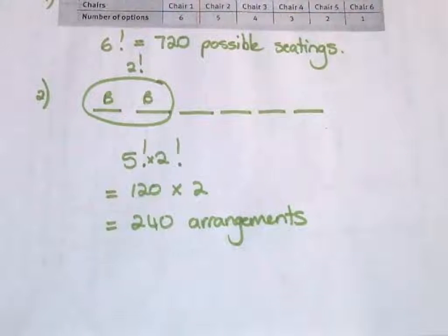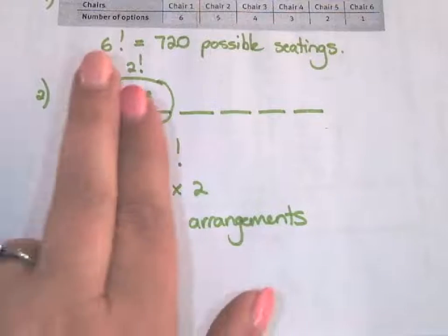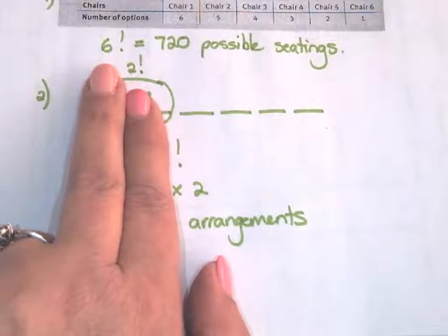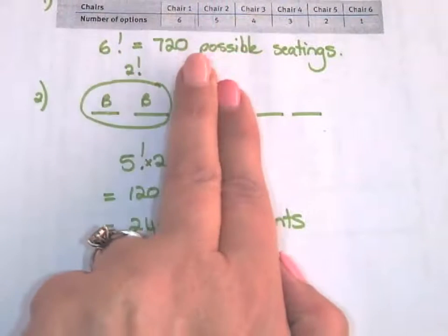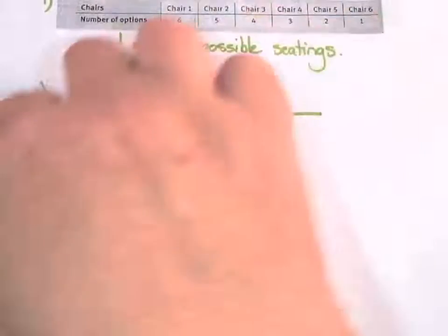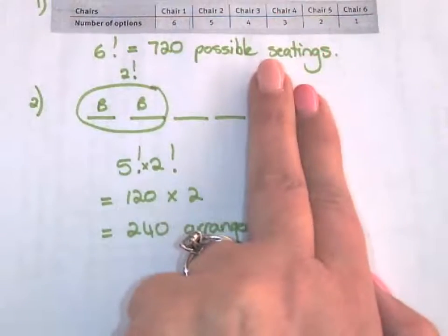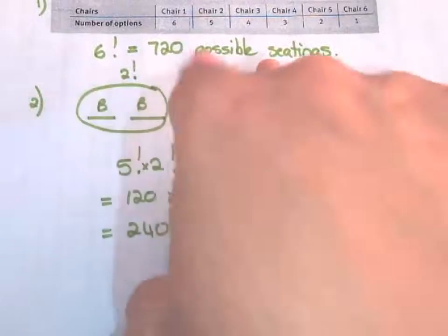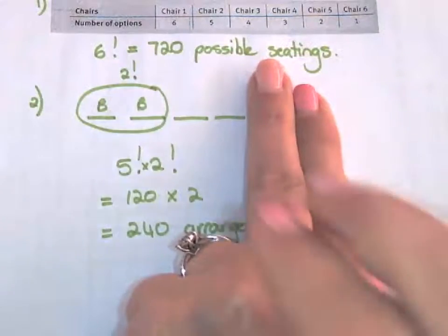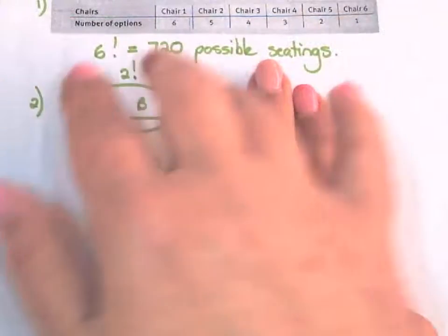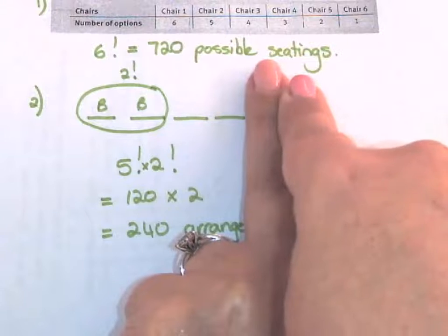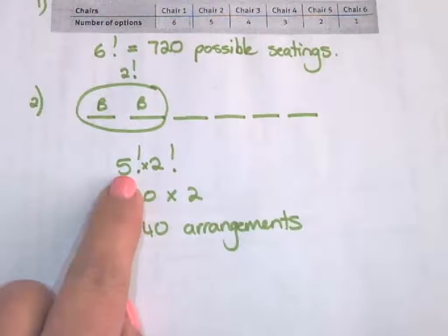Do you follow? These 2 boys, if we have 5 chairs, they can sit here. So the other 4 will be for the girls. Or they can sit here. So the other 4 will be for the girls. So we actually have 4 plus 1 arrangement. So it's 5 arrangements.